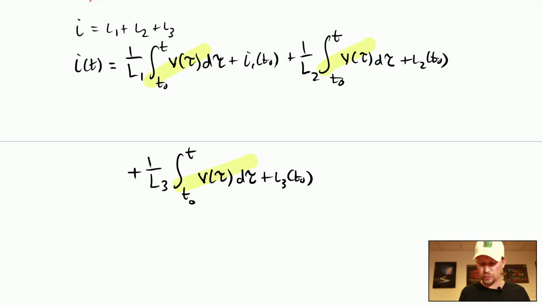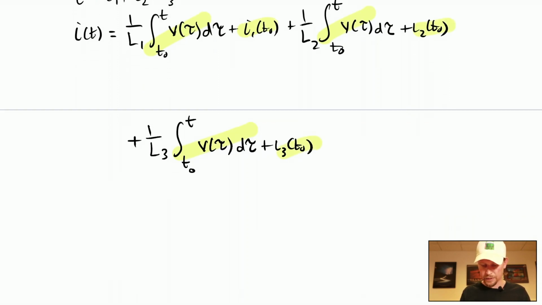Now notice that even though they're integrals, they're in common to each one of the terms. So I can actually group the integral terms together, and then I'm going to group these constants together.